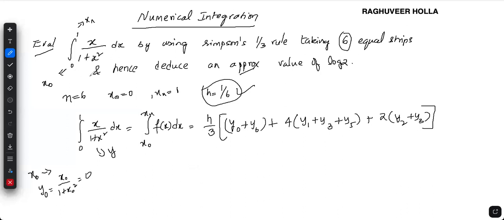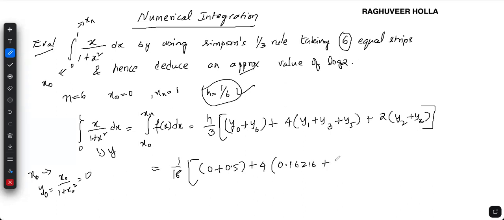So let us substitute these values. h being 1/6, it will be 1 by 18. So this is y0 plus y6, which is 0.5. Let us substitute it, 4 into y1, which is 0.1616.